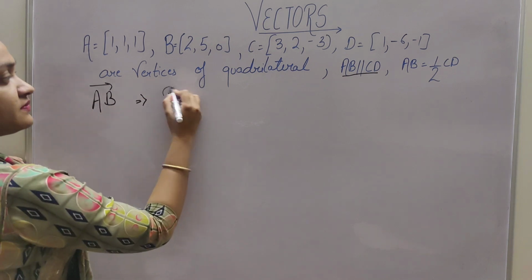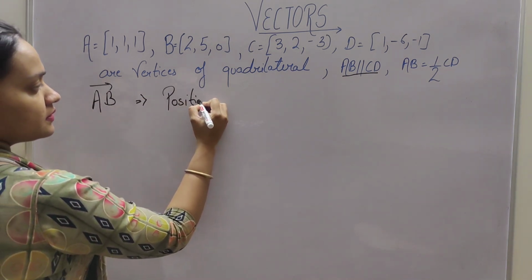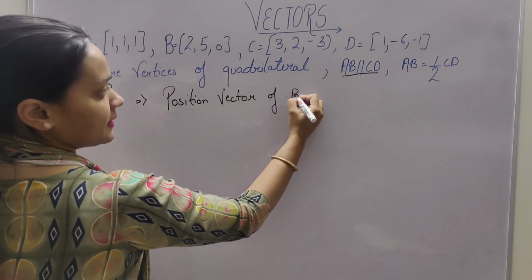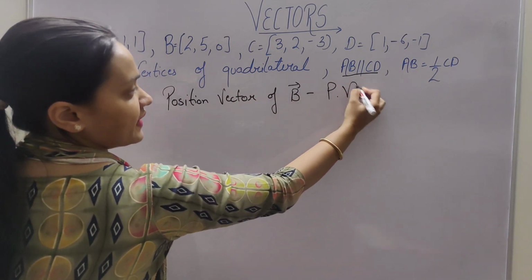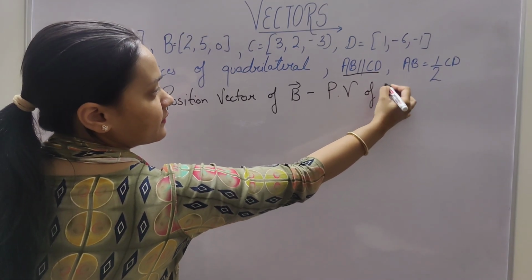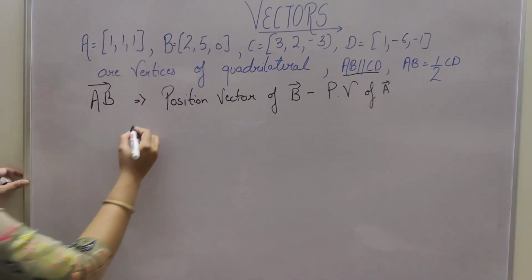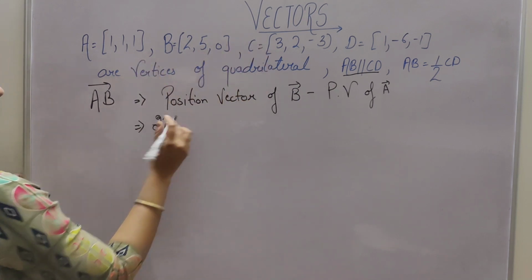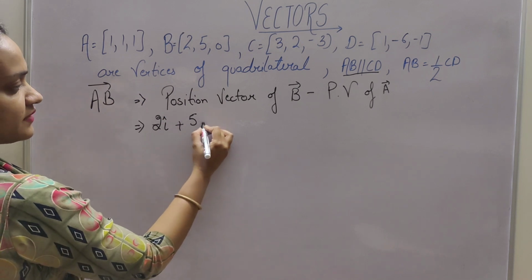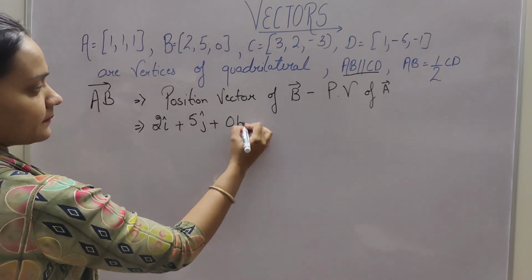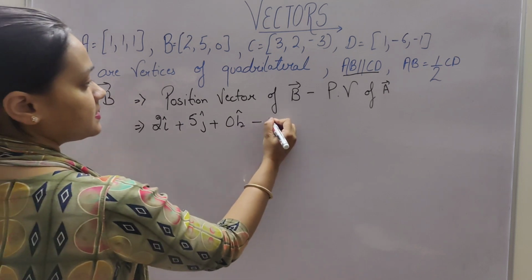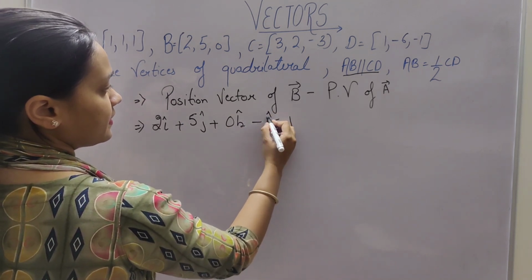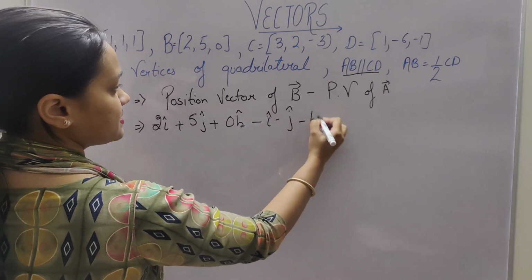So the position vector of B minus the position vector of A, which is written as B minus A. I am writing directly 2i plus 5j plus 0k minus i minus j minus k.